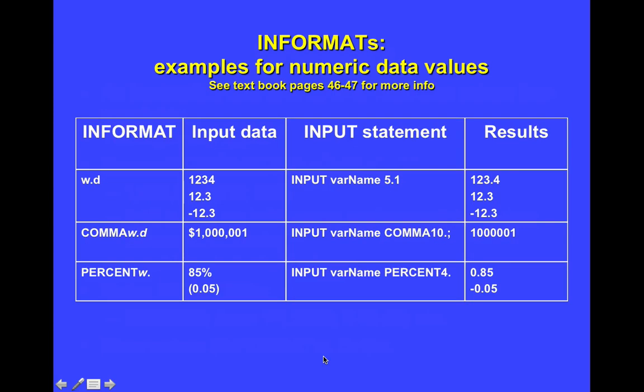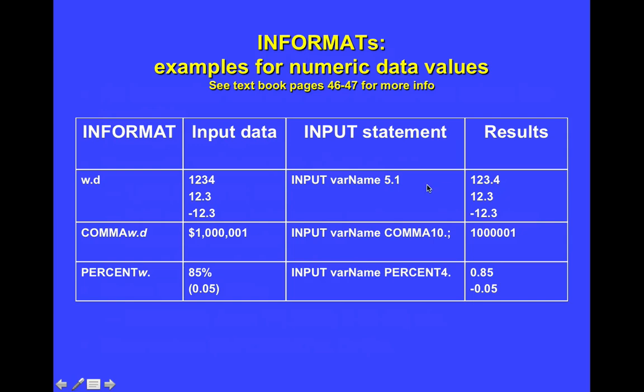So here are a few examples. Here is a basic numeric informat, w.d. If we were reading in raw data that took on the form 1, 2, 3, 4, in our input statement, we would specify input, we'd give the variable name, and we would end it with 5.1, and this is what the resulting value would look like in the new SAS data set.